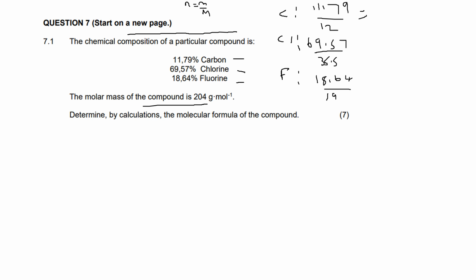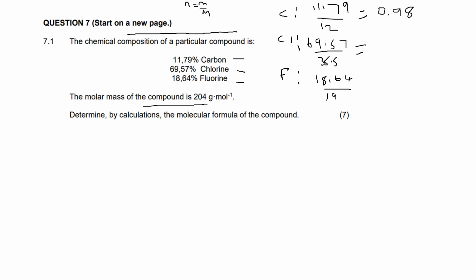Here I'm going to have a lot of decimals. 11,79 divided by 12 is about 0,98, so let's use 0,98 there.